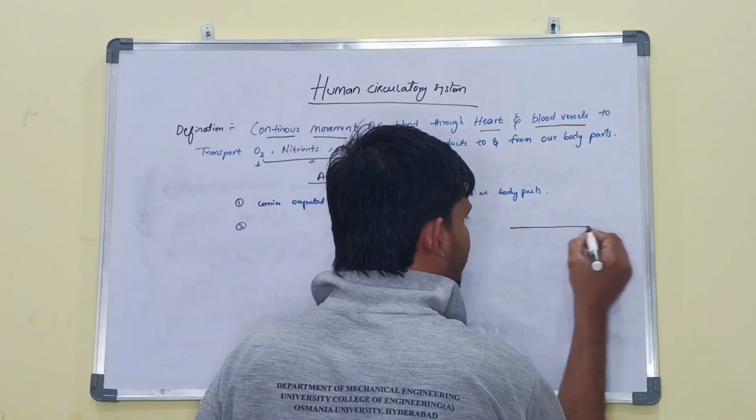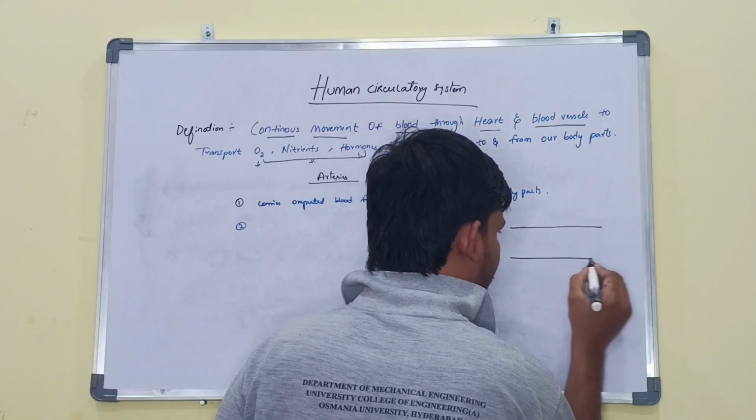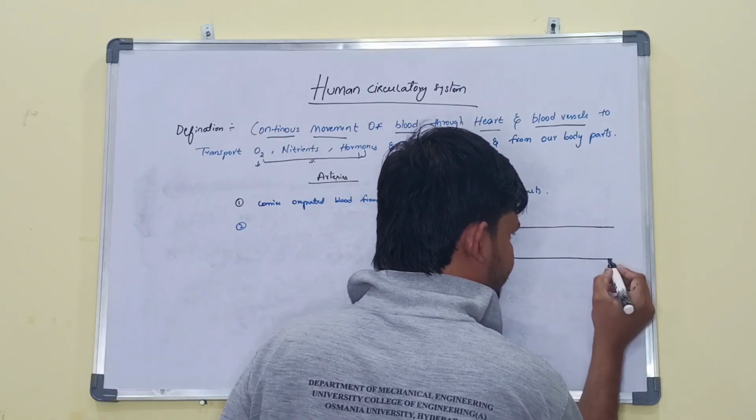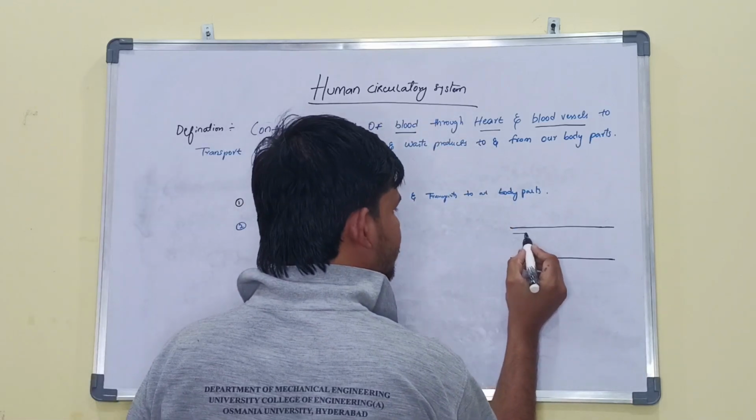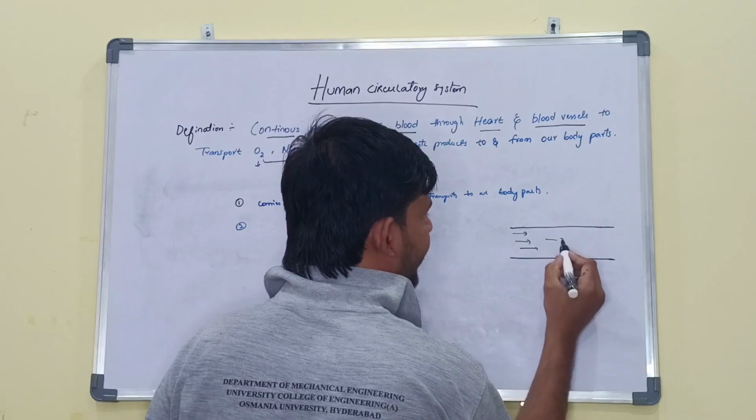Second one is, if we think this is the artery, the flow of blood occurs like this.